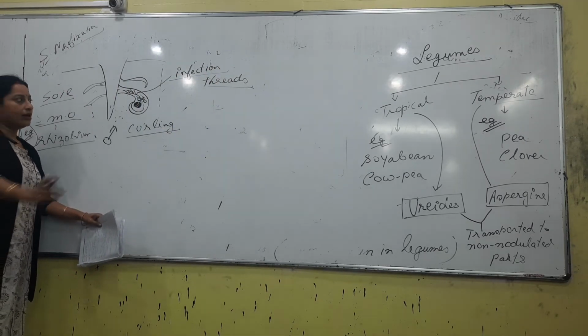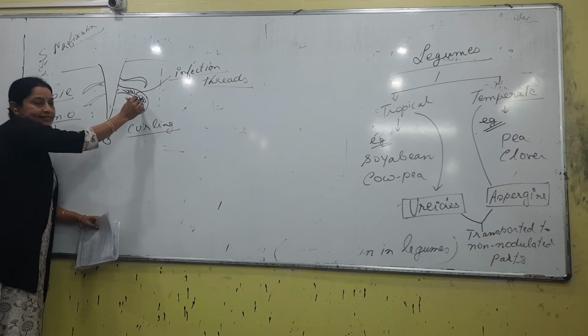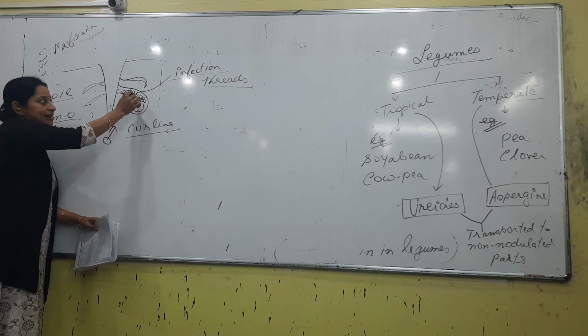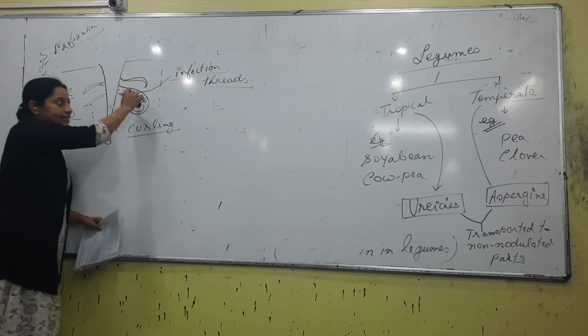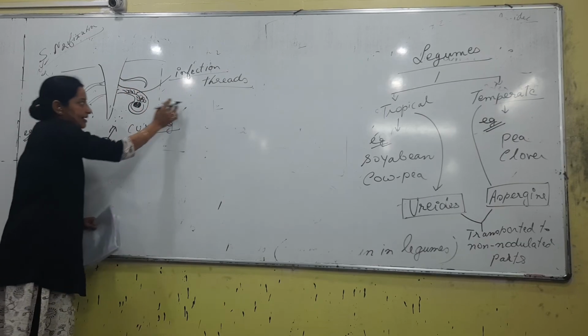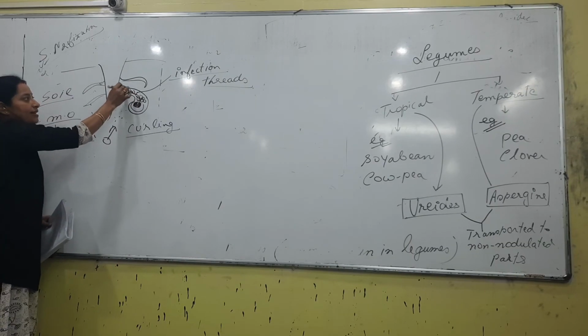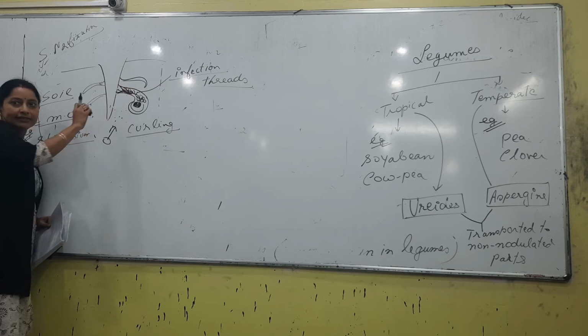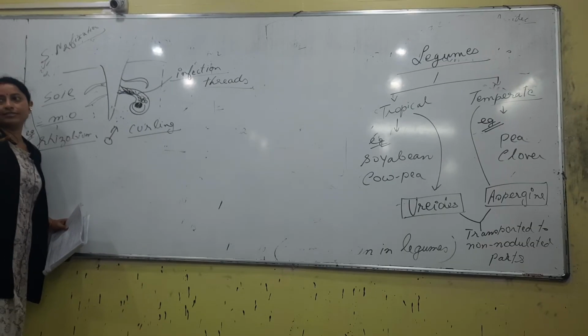Clear? Rhizobium enters inside the cell, increases its number and causes infection. This is what is called infection thread. These infection threads will keep on branching and rebranching, meaning the number of microorganisms will keep on increasing, right?